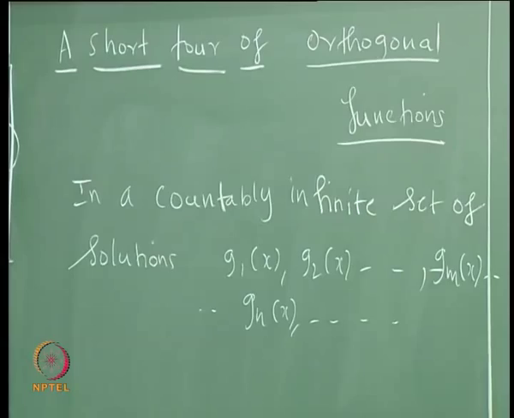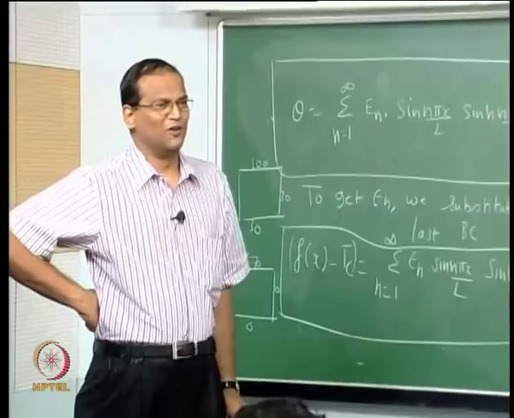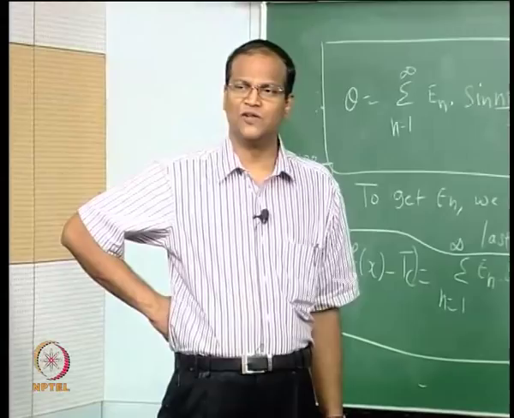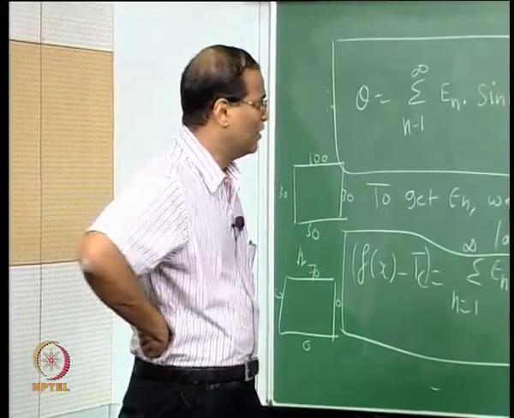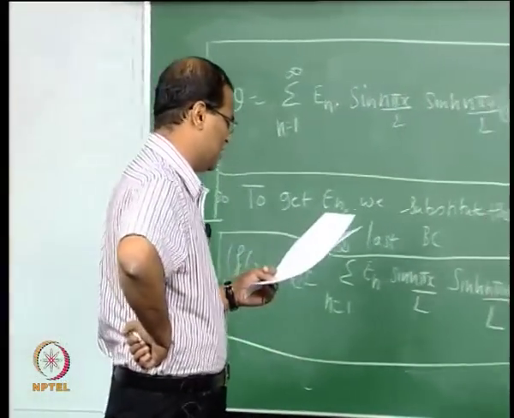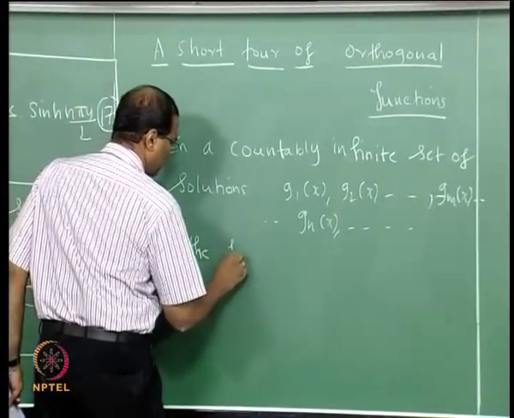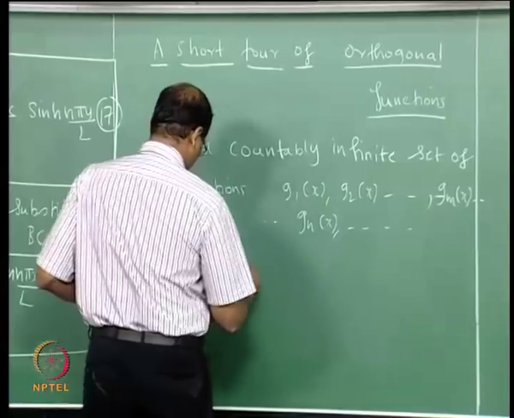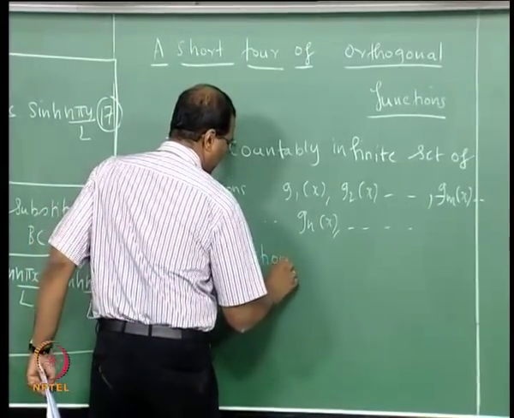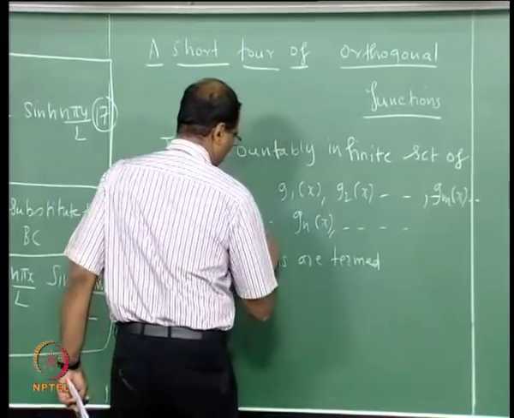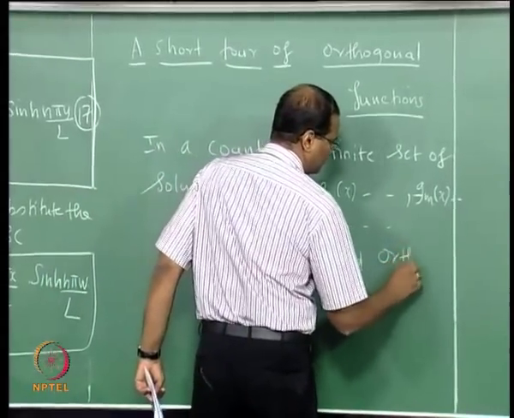There is basically some mathematical jargon, countably infinite set of solutions. That means you have a lot of G1, G2, G3. There is a Gm and there is also a Gn, and it does not stop with Gn, it goes beyond Gn also. So in a countably infinite set of solutions, the functions are said to be termed orthogonal.